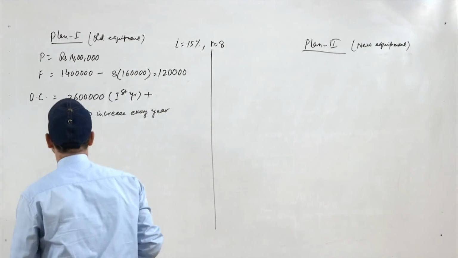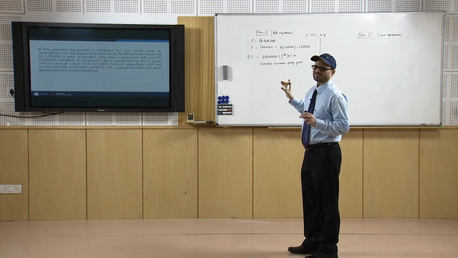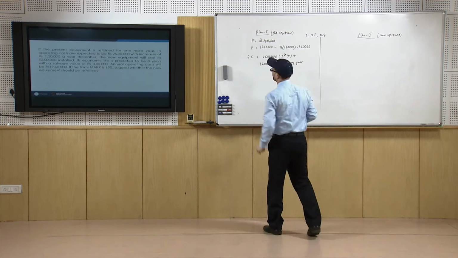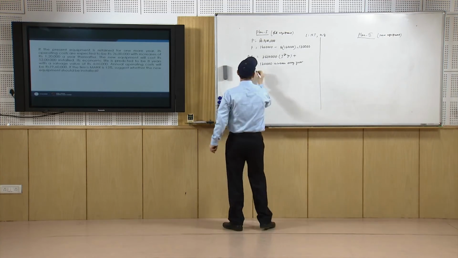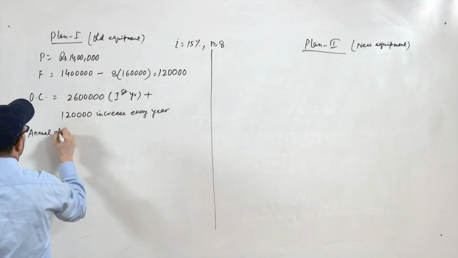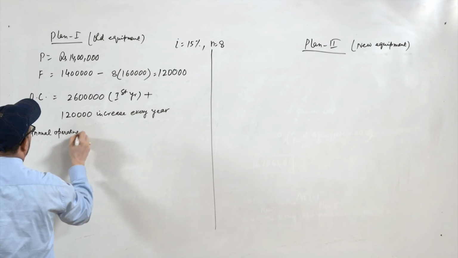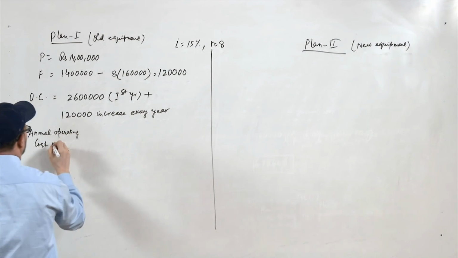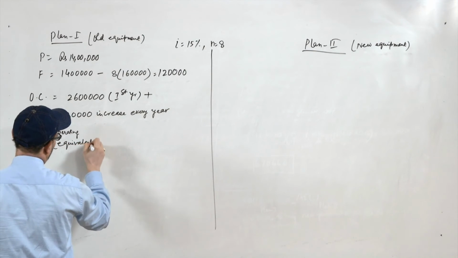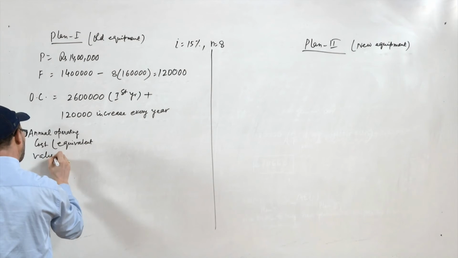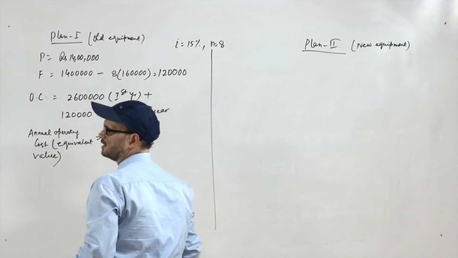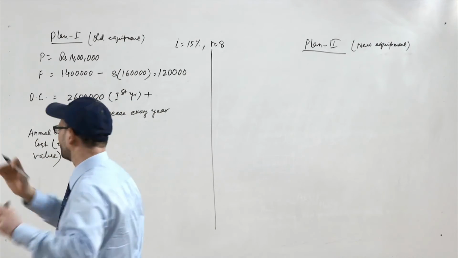So, basically you can find its annual equivalent value. The annual operating cost equivalent value is a uniform gradient series.